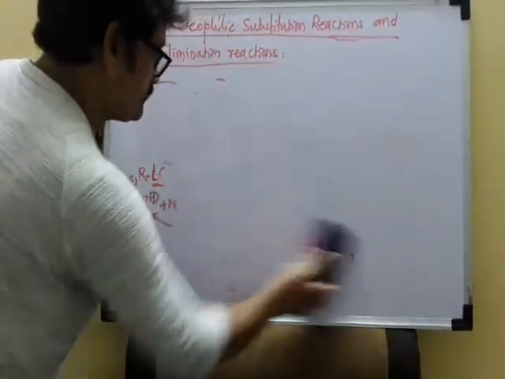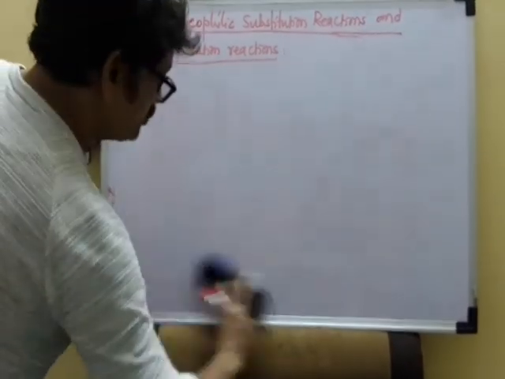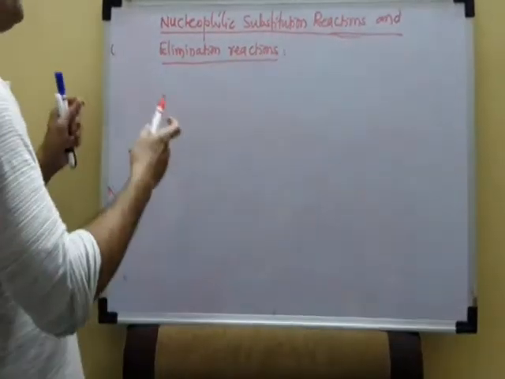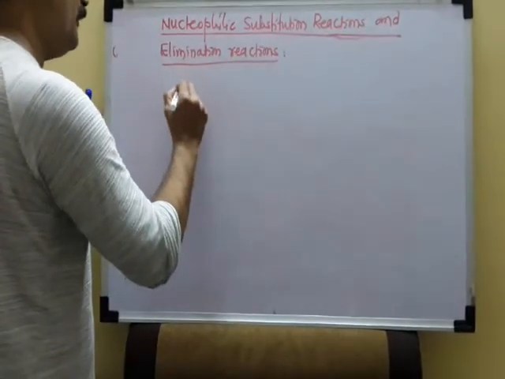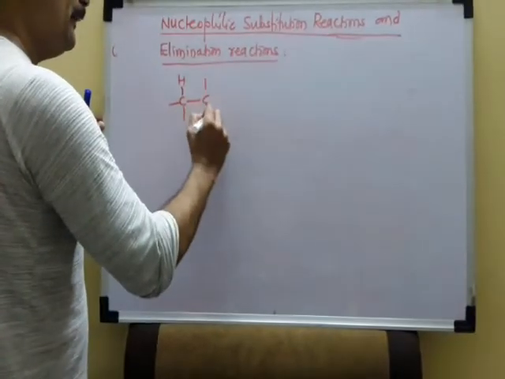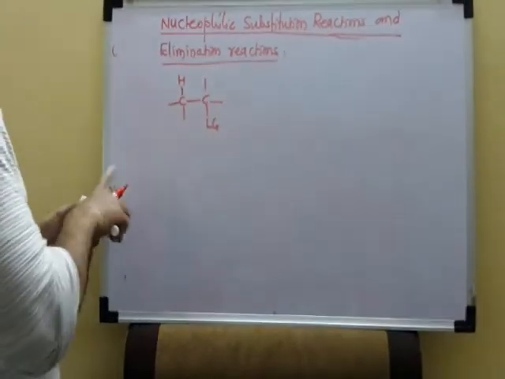Now I'll quickly revise elimination reactions. What happens in an elimination reaction? We need a substrate with a proton at the adjacent carbon and one leaving group. This proton must be sufficiently acidic.